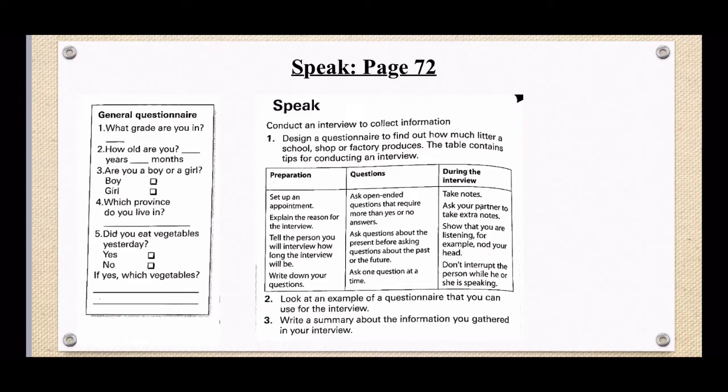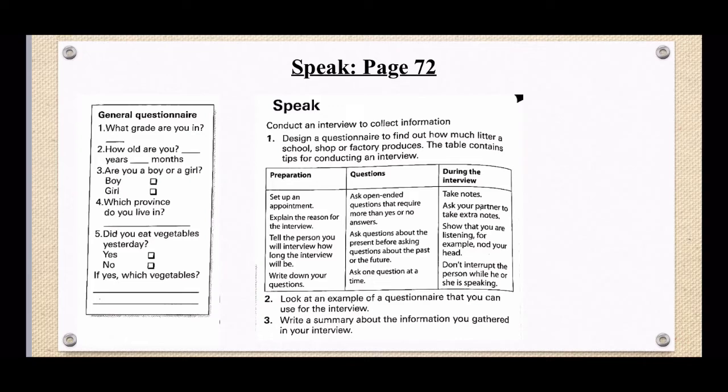It says, conduct an interview to collect information. Number one says, design a questionnaire to find out how much litter a school, shop or factory produces. The table contains tips for conducting an interview.